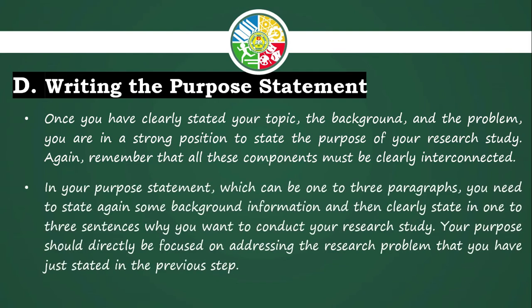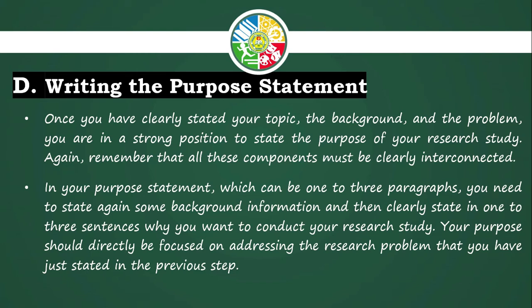In your purpose statement, so unsa may ipangsulat sa tong purpose statement, which can be 1 to 3 paragraphs, you need to state again some background information and then clearly state in 1 to 3 sentences why you want to conduct your research study. Actually, kani bitang mga paragraphs nato balik-balik ra gyud ang ubang informations ani. So kaganina sa ato ang problem, gimension nato balik atong background dadto.